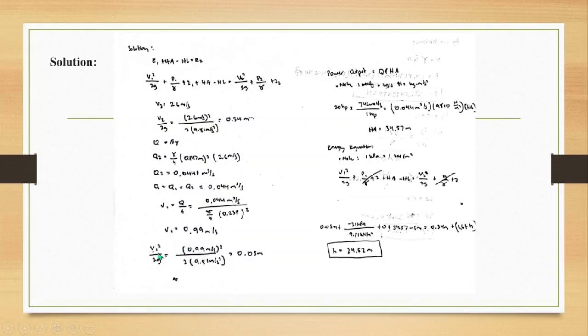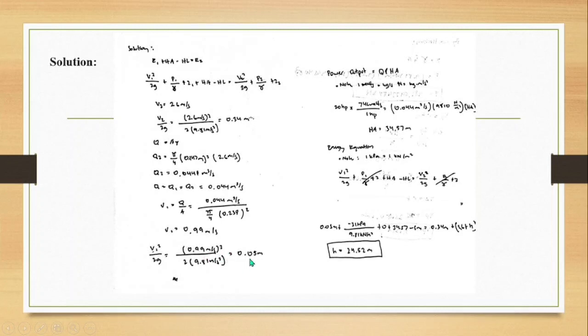So V1²/2g: we substitute V1, 0.99 meter per second squared, over 2 times 9.81 meter per second squared. Calculating these two, we get 0.05 meter.